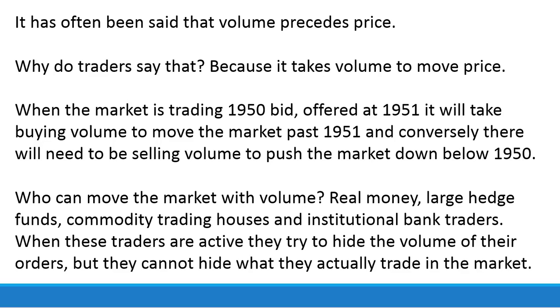Real money is sovereign wealth funds, things like that. Large hedge funds, commodity trading houses, and institutional bank traders. So when these traders are active, they try to hide the volume of their orders, but what they can't hide is what they actually trade in the market. Like I said, going back to the execution algos, there are all these different ways out there that they can hide their order, hide their intent on what they're trying to do.